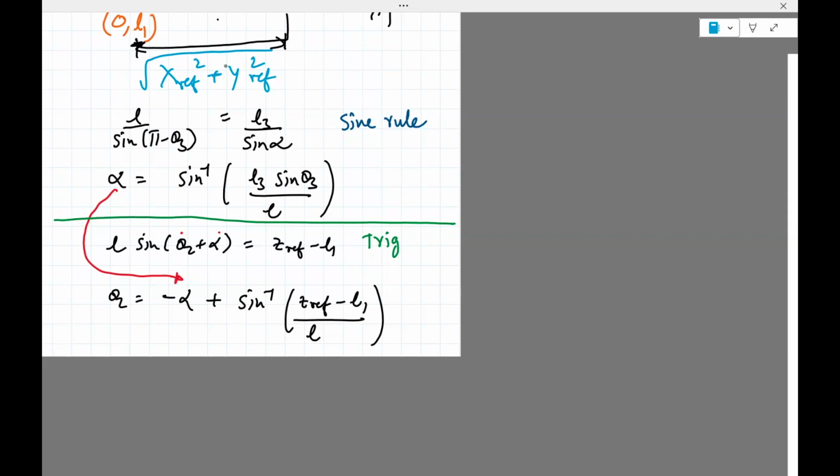Now that you have that open manipulator, which I think was in the last homework, you can actually do it using an analytical inverse. This is Piper's solution.